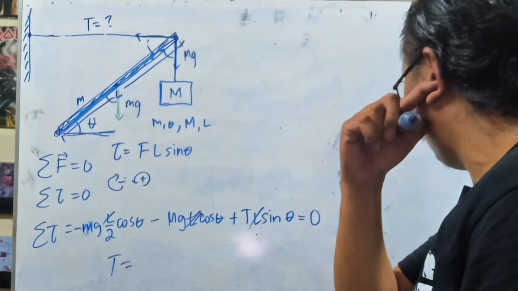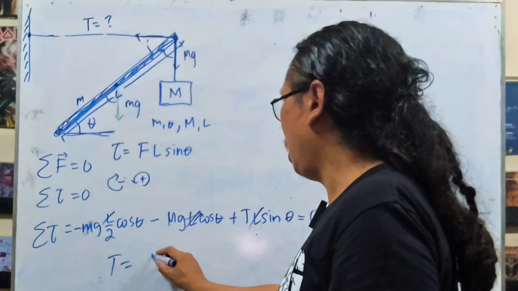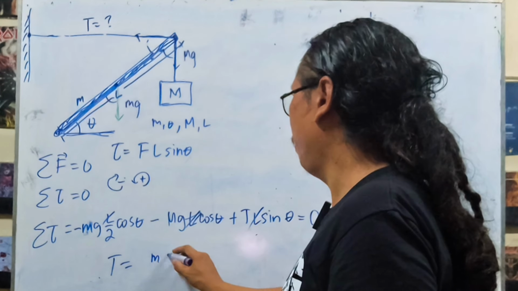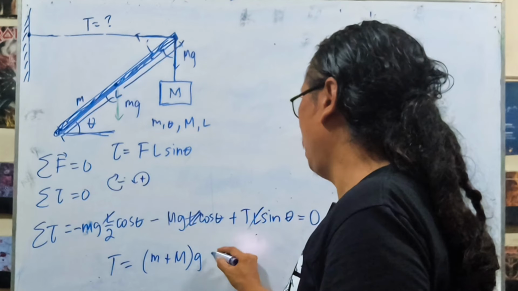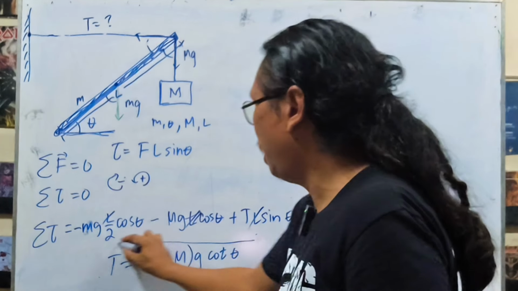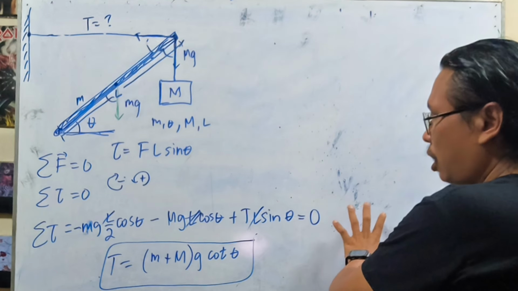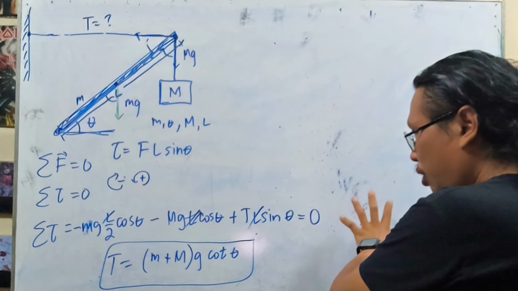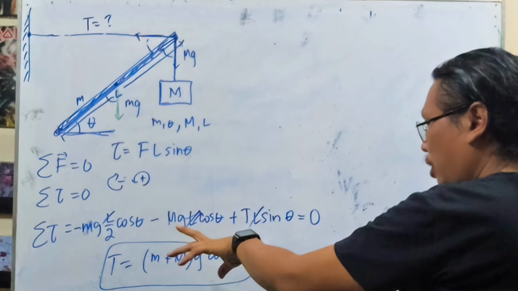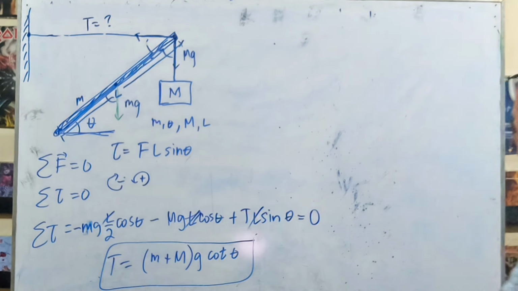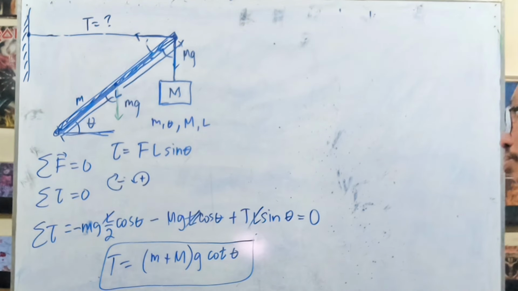So that would be capital M plus small m times g cotangent theta. Yeah, I think this is correct. When you move that one over, you have the sum of the weights times cosine theta divided by sine theta. Okay, this is correct. So this is now the tension.